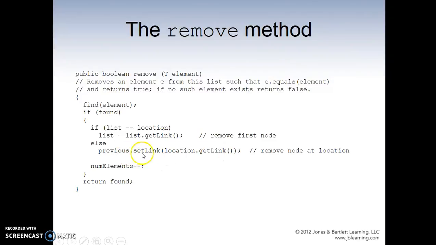Like that. Once we found it, remove. But if it's the first node, that is, only one node, and list equals location, then we just remove it, right? And move the list to the next one, because list points to the head of the list.